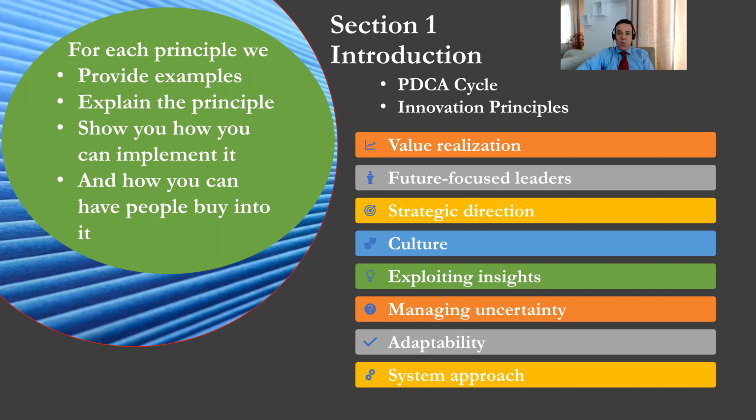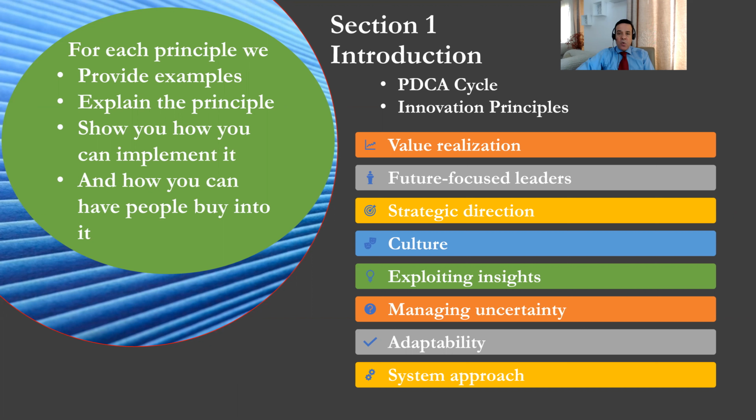I like very much what my co-author and friend Jim says about this section. He always likes to say that principles are not negotiable. You do not negotiate these principles. If you and your team have some differences about these principles, then there is a problem with your understanding of innovation.